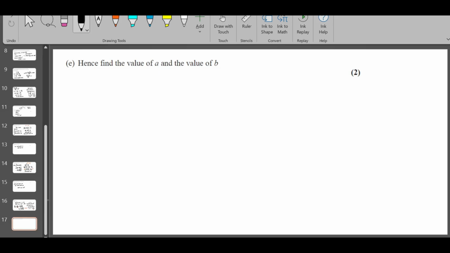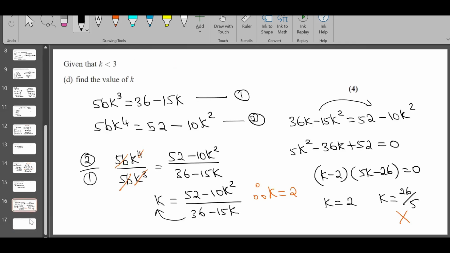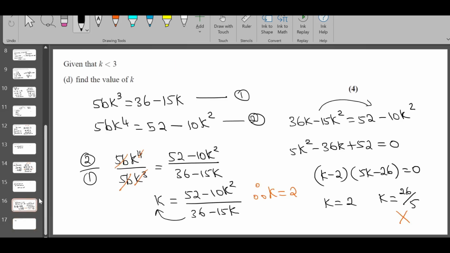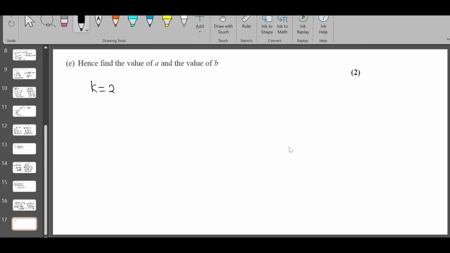Hence find the value of a and b. Okay. We have the value of k now. k is equal to 2. Now let's see how we can find the value of a and b. We have 2 equations here, right? So you can sub in the value of k into any one of the equations to get the value of b. So I'm going to take equation 1.